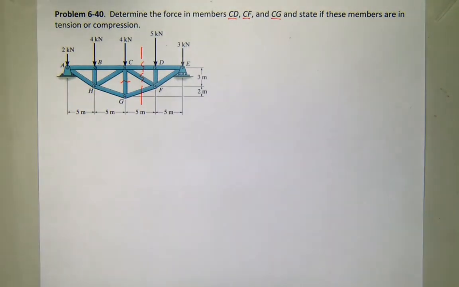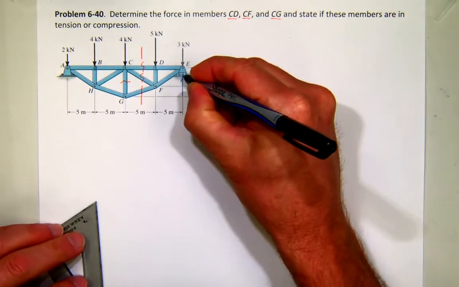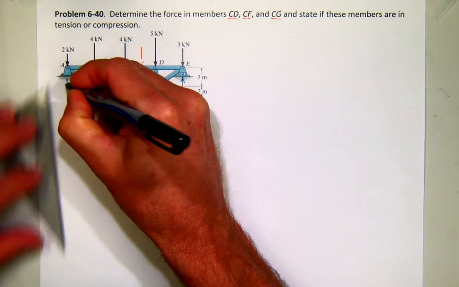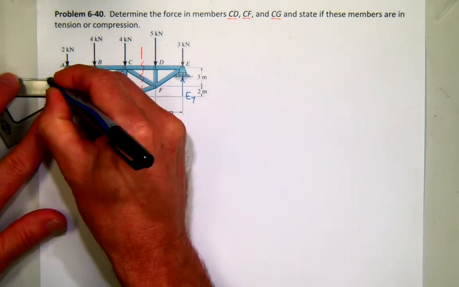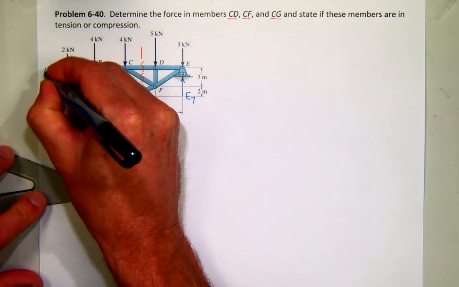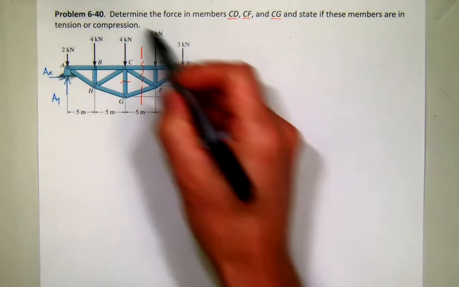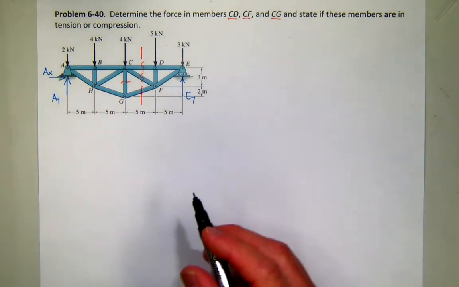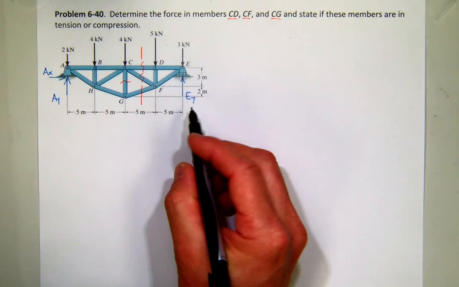So let me go ahead and indicate that I've got a force acting here. I'll call it EY, and I would have an additional force AY and then AX. I'm going to kind of cheat a little bit and not redraw the whole structure as a free body diagram for my reactions and see if I can solve for EY just straight up from here.